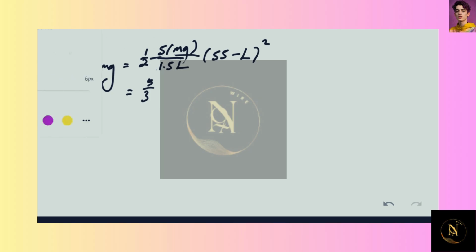Get rid of the common factor mg. So this 55 goes to 5 over 3L times (55 minus L) squared. Now we're going to bring the 3L over to the left hand side, and open up the square brackets.